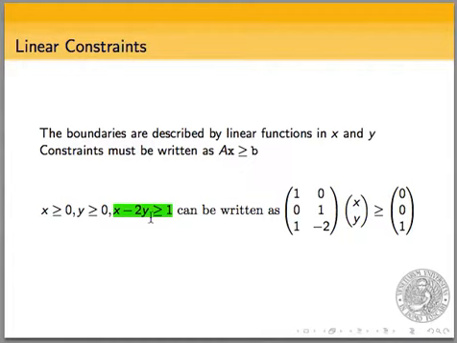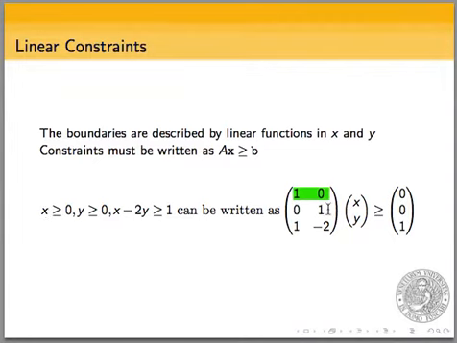Well, this can be written in matrix form as follows. You write a matrix in which you set the coefficients in the matrix equal to the coefficients of your constraints. So for example, the first row stands for the first constraint, and you see that there is 1 times x plus 0 times y, which is exactly x.